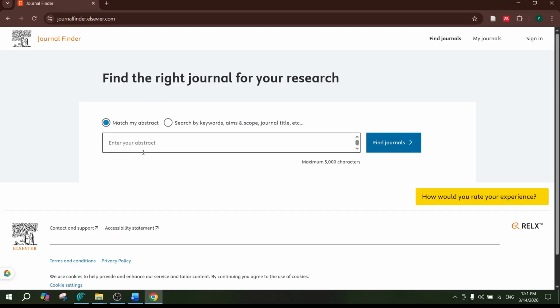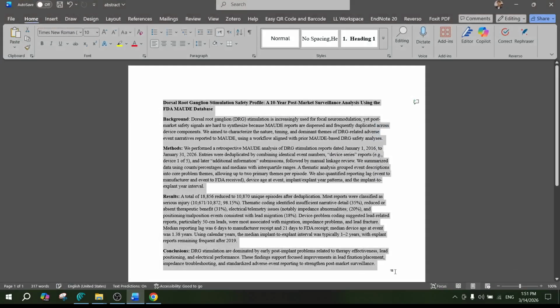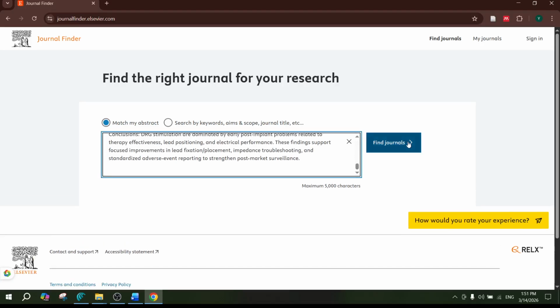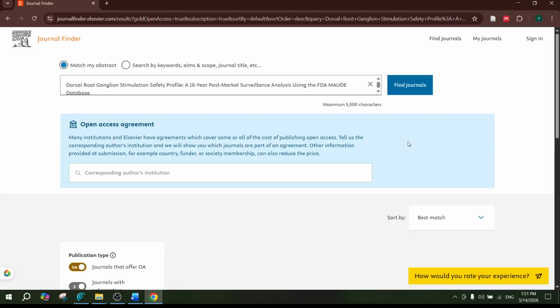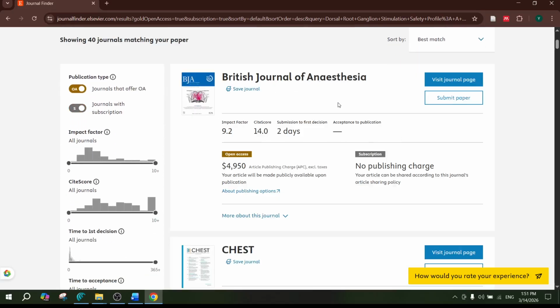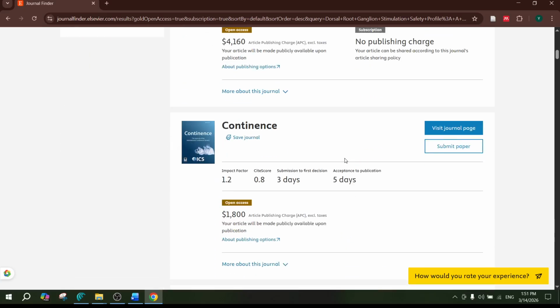As you can see here, you can use your abstract. For example, this is our project here, and I want to find a suitable journal. So I can take the title and abstract, copy and paste it here, and click on find journals. As you notice, most of the journals recommended actually are not related to our topic.